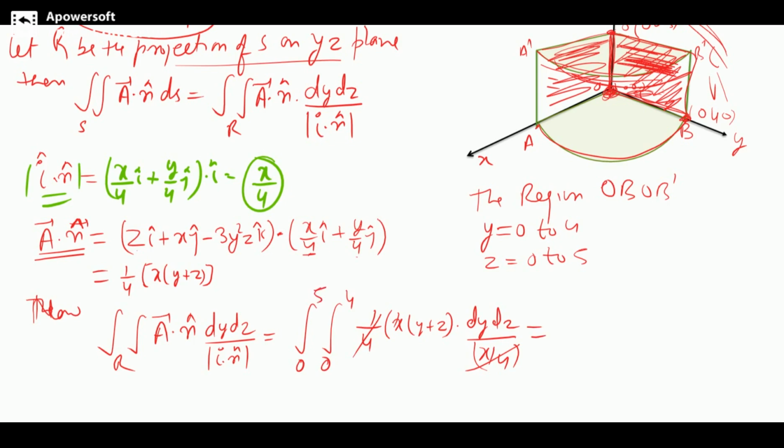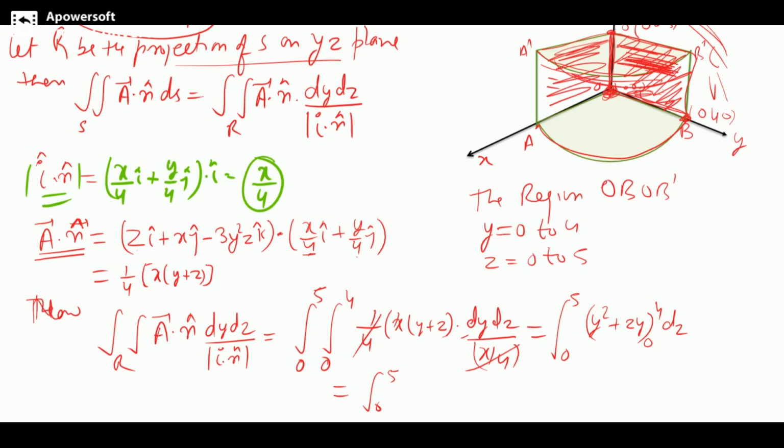Now both the limits are constant, so the order of integration doesn't matter. First we take the integration with respect to y. We get y square by 2 plus zy, applying the limit 0 to 4, dz, from 0 to 5.